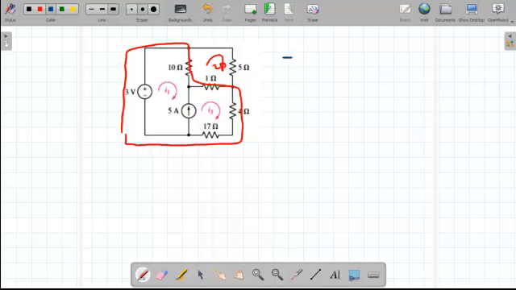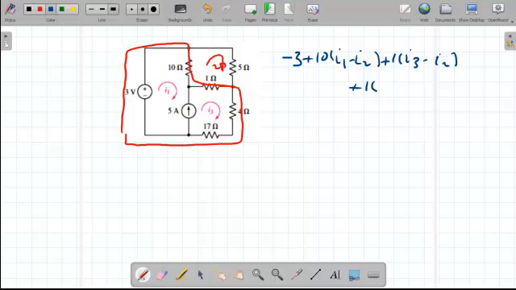For the super mesh formed by 1 and 3: minus 3 plus 10 times I1 minus I2 plus 1 times I3 minus I2, plus the other terms, 4 plus 17.